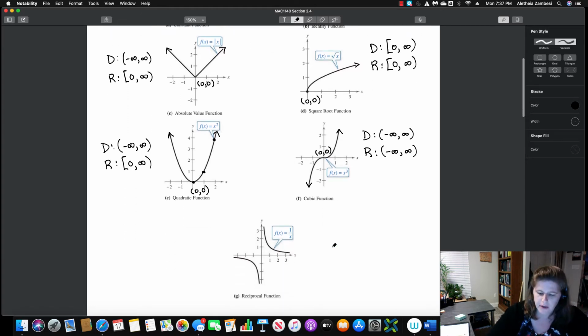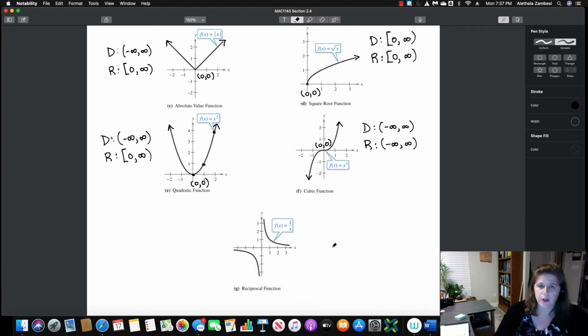Now I'm going to add a related function to the cubic function, and that is the cube root function. So if you have the cube root function, f of x is equal to the cube root of x, this function goes through the origin, so it has a point at 0, 0.